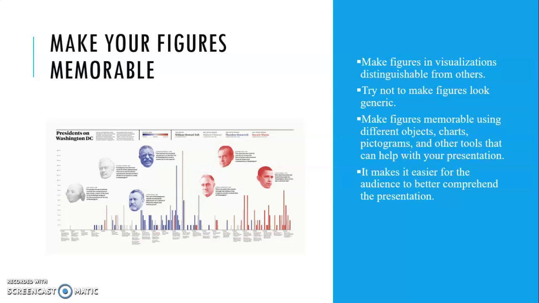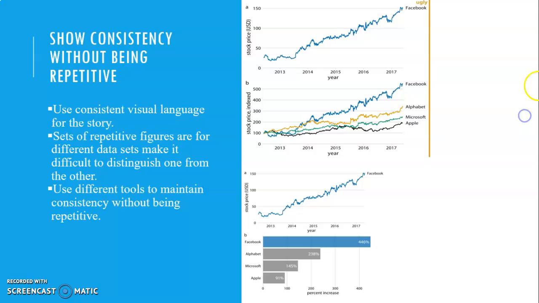What's great about this is not only is the graph colorful, and not only does it give you the statistics, but it also gives you pictures of certain presidents who mention Washington, D.C. in their State of the Union addresses. So an example like this is why you should make your figures memorable, so it can help you distinguish certain figures from other figures in presentations.